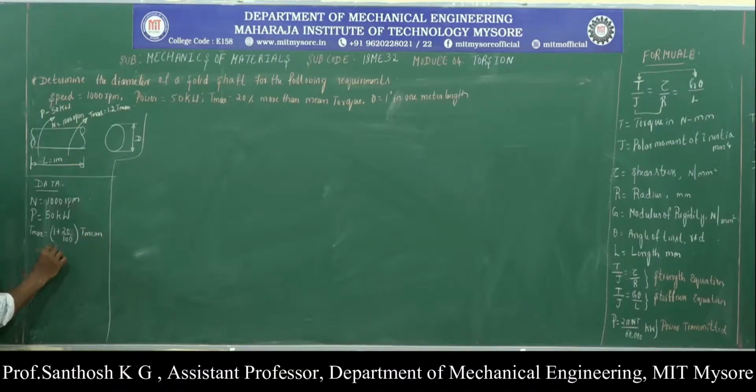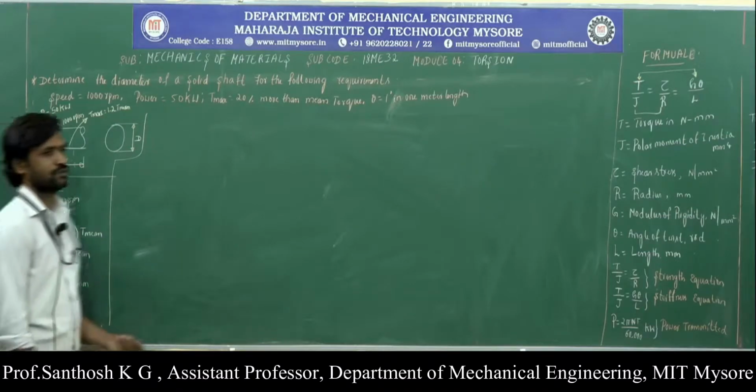So, this will be equal to 1.2 times the mean torque. Then they have given the value of theta. The value of theta is 1 degree, and the length of the shaft is given as 1 meter. If you convert 1 meter to millimeter, it will be 1000.